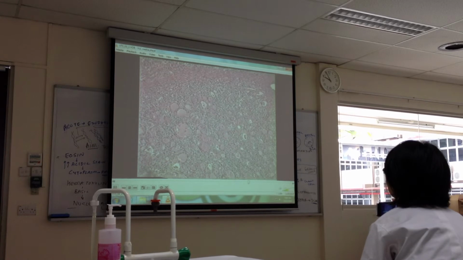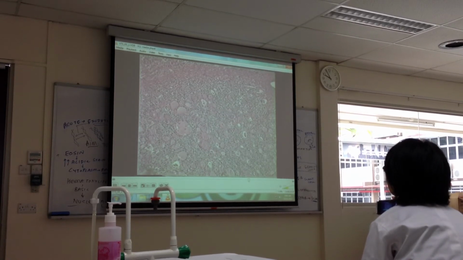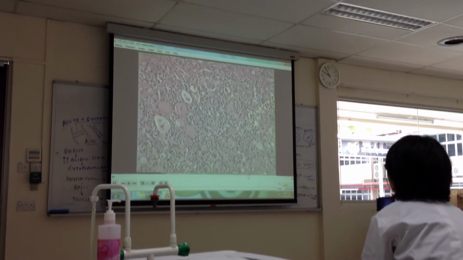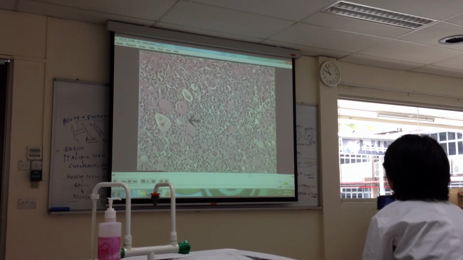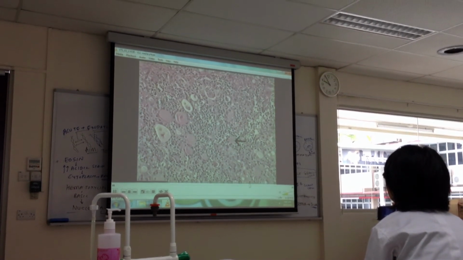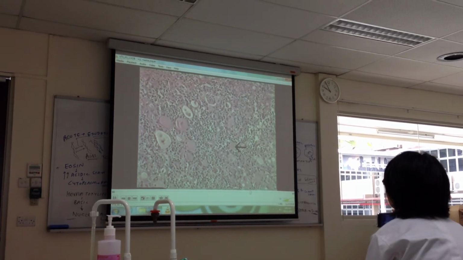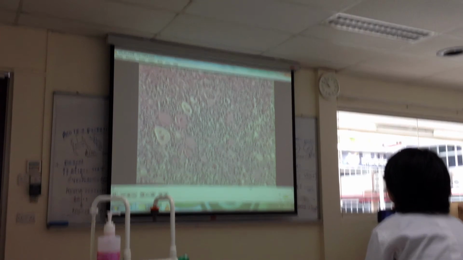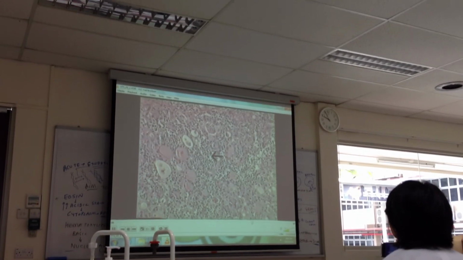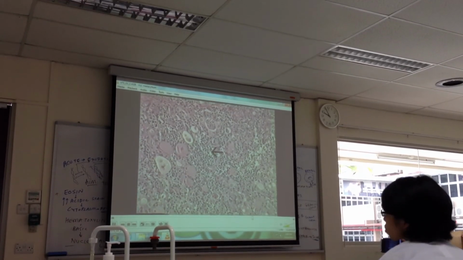This thyroid, by contrast, looks very different. Here are some thyroid follicles containing pink staining thyroglobulin. But the follicles are small. Between the follicles is an infiltrate of cells.